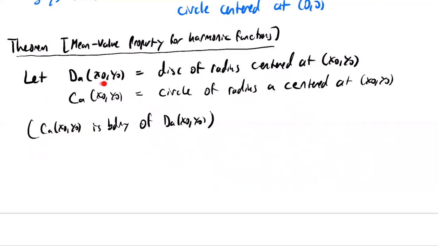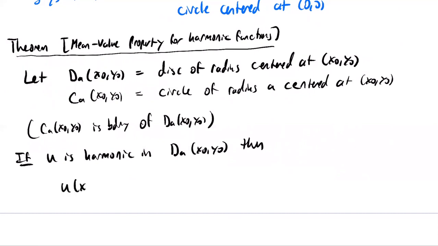And so the difference here is that we're not looking at disks centered at the origin anymore. It's an arbitrary point, x naught, y naught, right? And so the theorem is the following. If u is harmonic in this disk, then I can recover the value of u at the center by looking at the average of u along the circle C sub a, right?